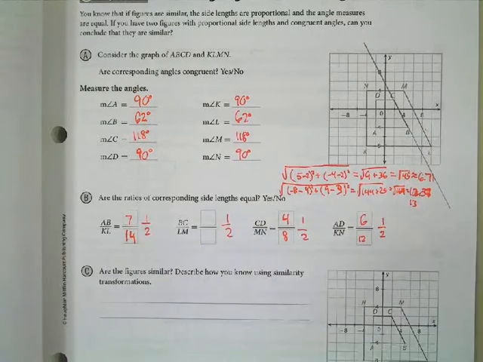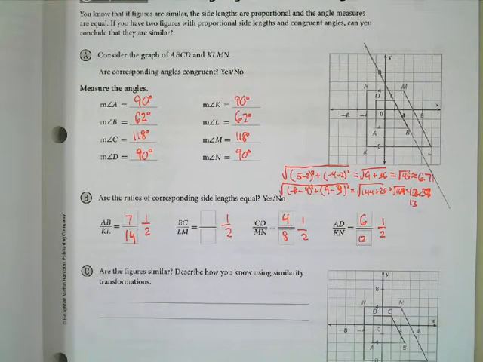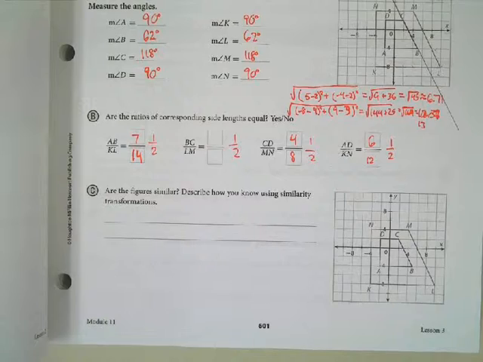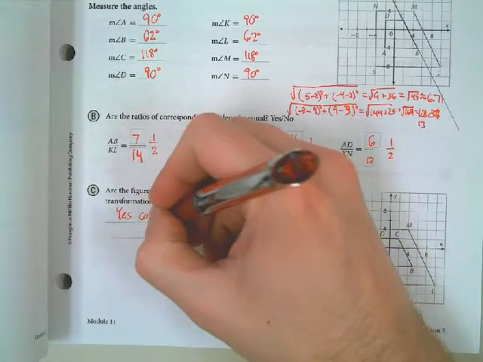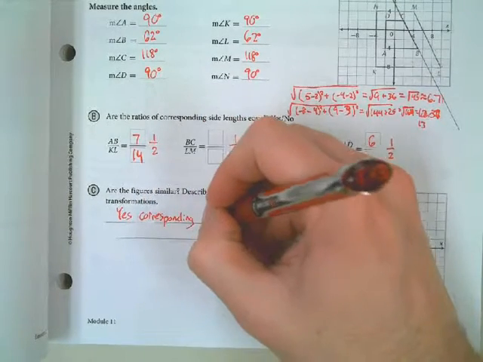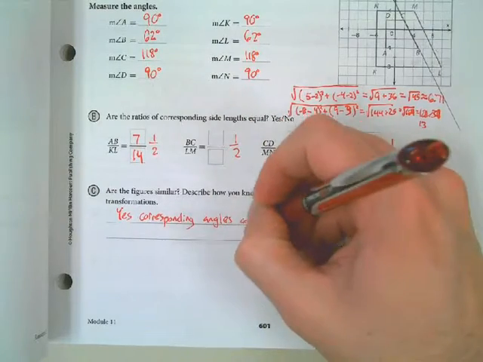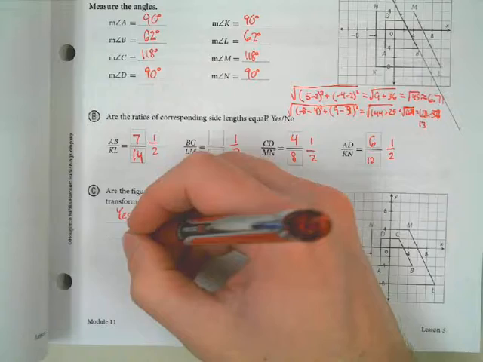So then, can we say, are these figures similar? What's the answer? Yes, the figures are similar. So, yes, okay, corresponding angles are congruent. And corresponding sides are what?